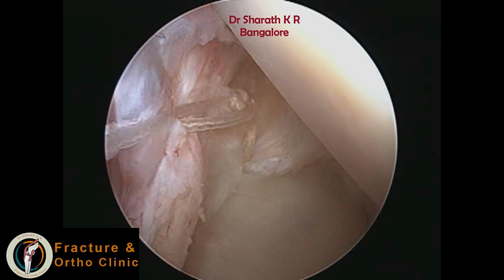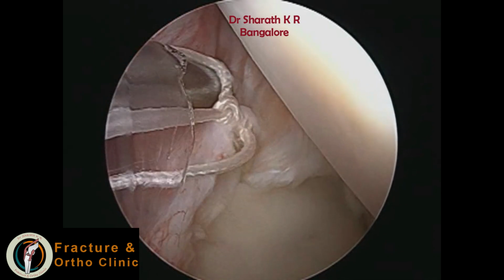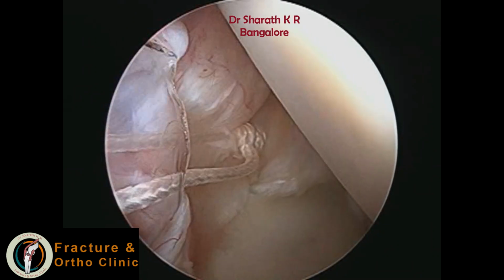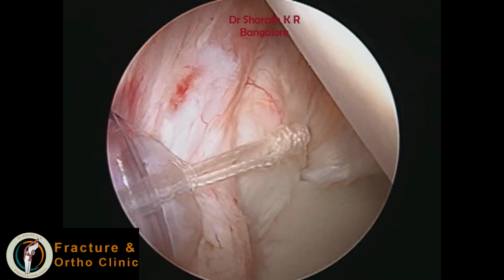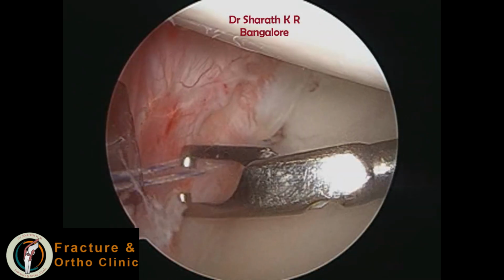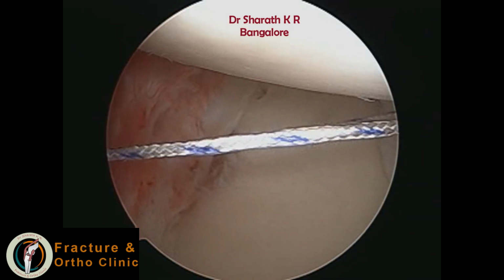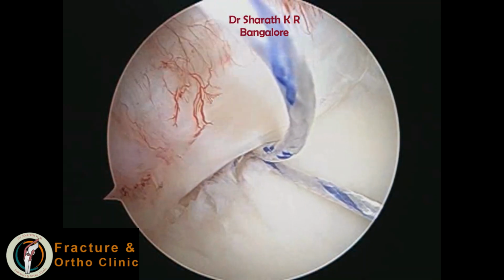After that, we repeat the same step using the second and third anchors. Make sure that the sliding knot is very nicely fixed and multiple half hitches are also made. These knots are away from the articular surface.